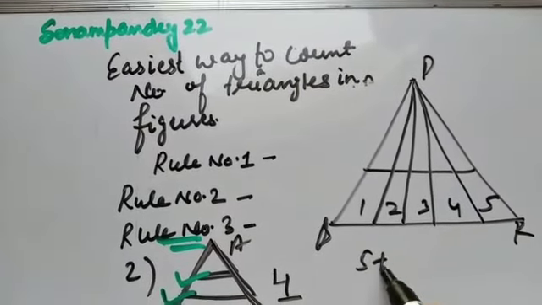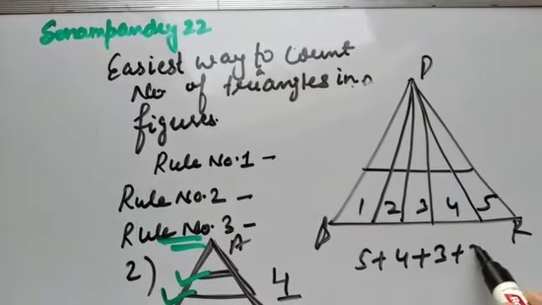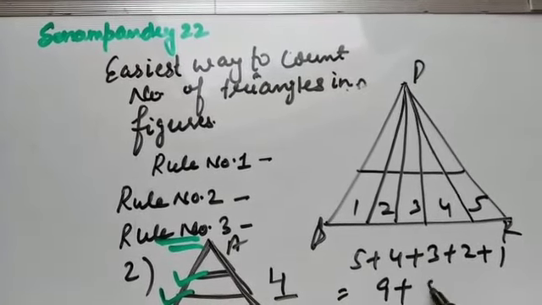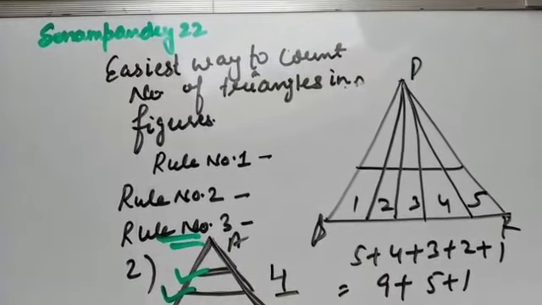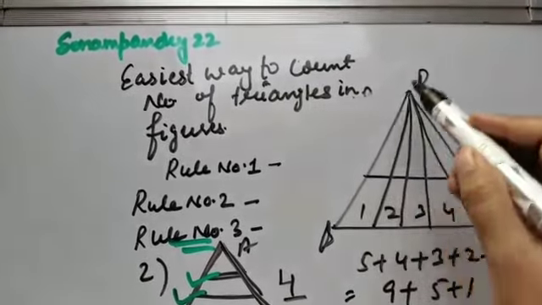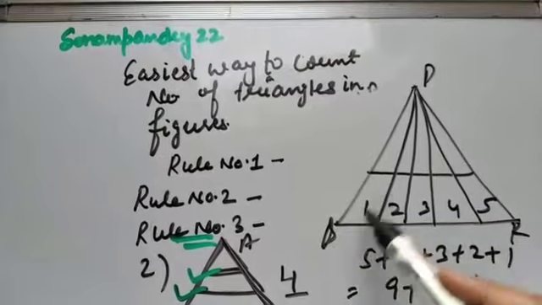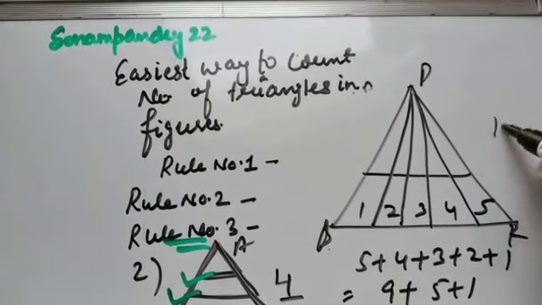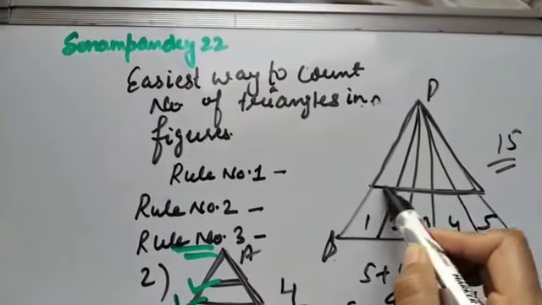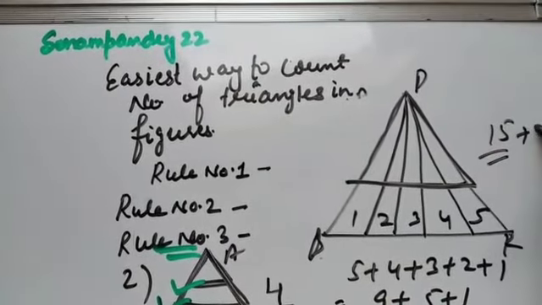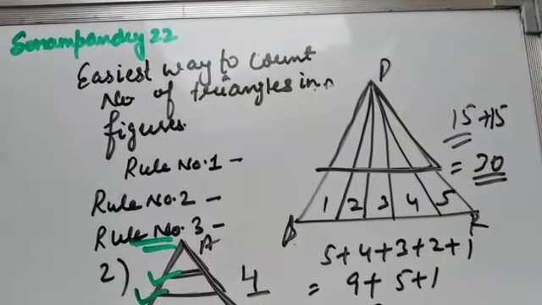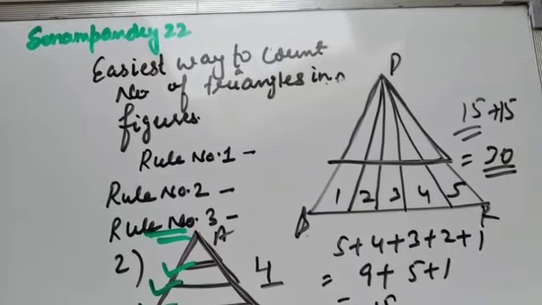So there are 5 plus 4 plus 3 plus 2 plus 1, 15 triangles. So in triangle PQR you can see 15 triangles and another 15 for this. So there will be a total of 30 triangles.